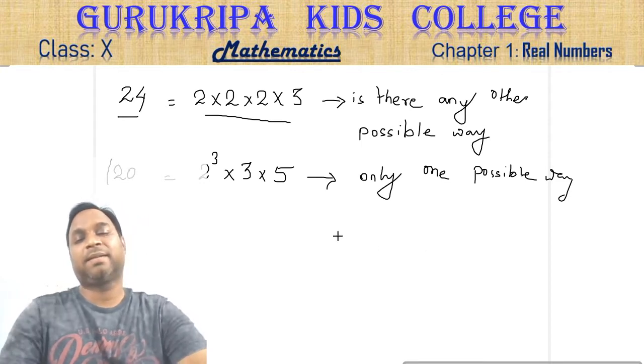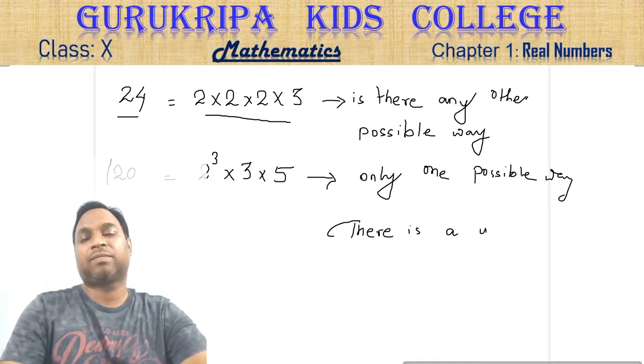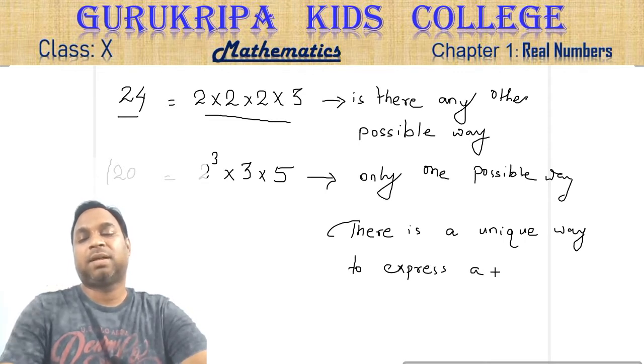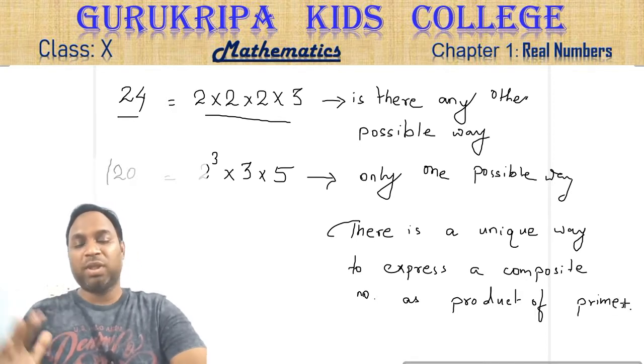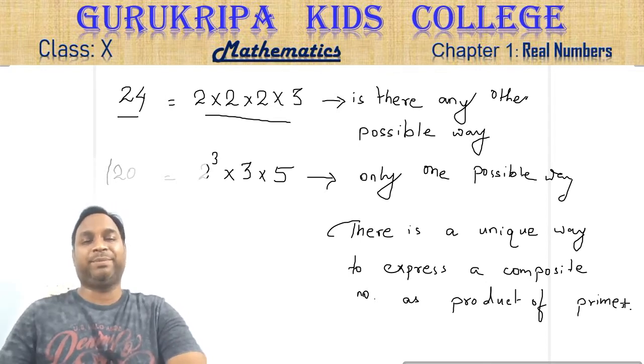That means there is a unique way to express a composite number as a product of primes. Are you getting it? There is only one way possible to express any given number as a product of primes.